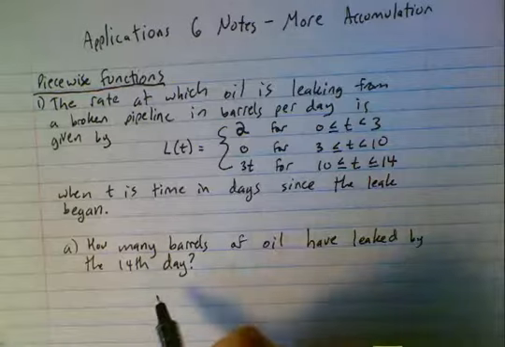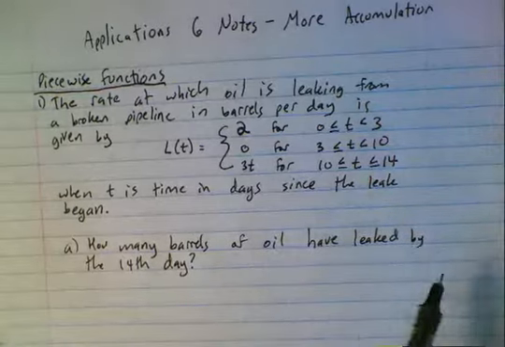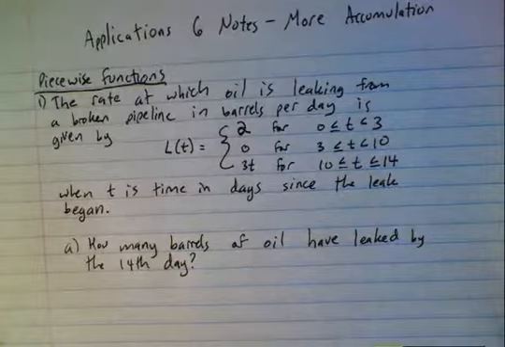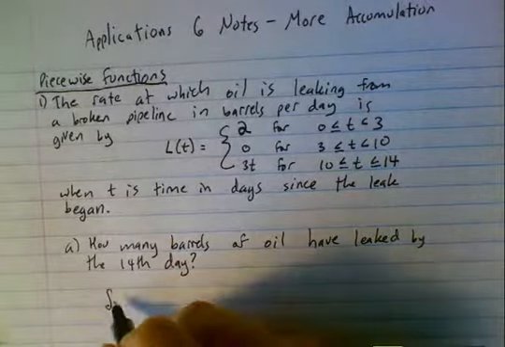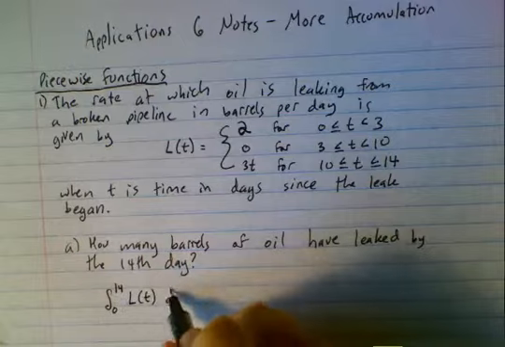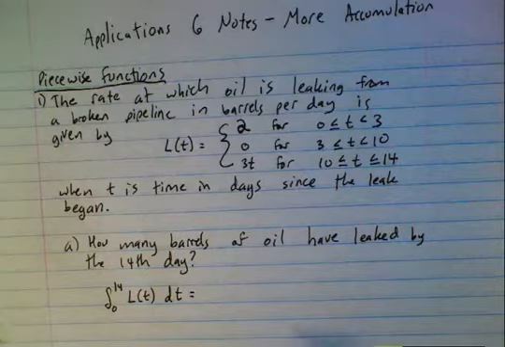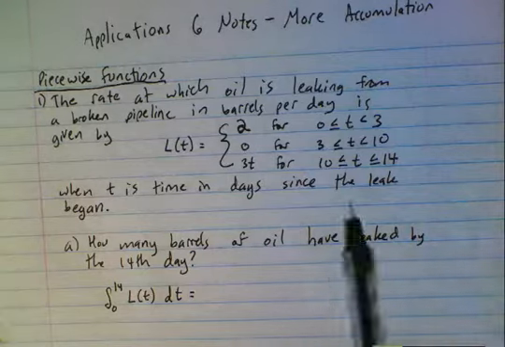What we're looking for here is again accumulation because we're given barrels per day and we're interested in the number of barrels that have leaked. So we're interested in the integral from 0 to 14 of L of t dt. And the only thing that's different about a piecewise function is that we have to break this integral up into these different pieces.